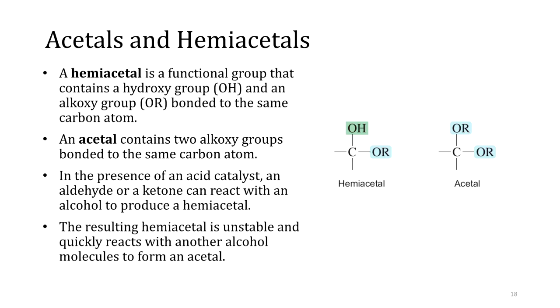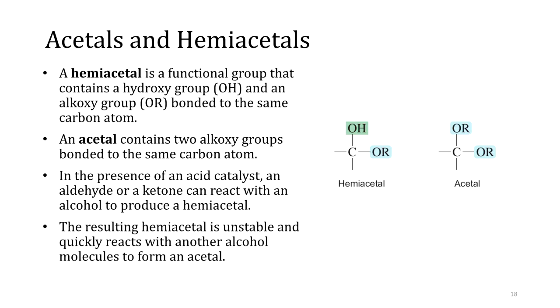Another important biological system that involves these sorts of bonding motifs are acetals and hemiacetals, which are important in sugars and carbohydrates. A hemiacetal is a particular functional group that has an OR, like an ether, and an OH, like an alcohol.